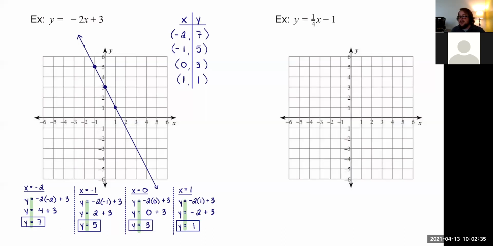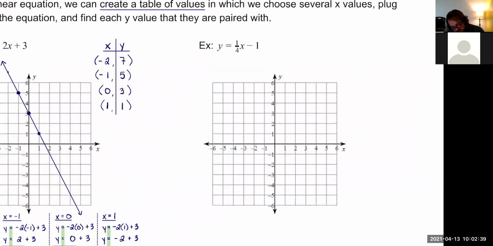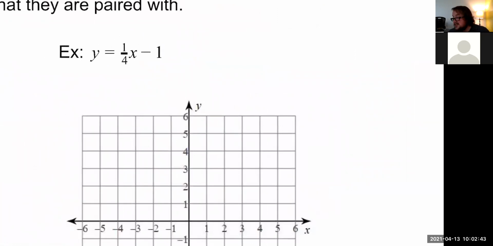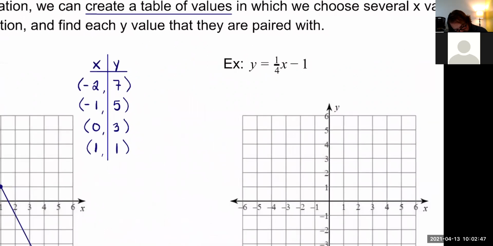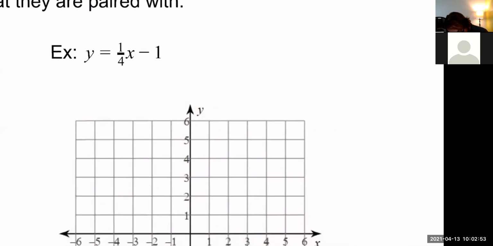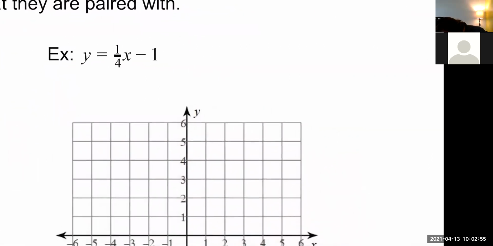But the process remains the same. So what I'm going to do here for the second one, very similarly, is set up a table of values. In fact, I'm just going to go ahead and use the same 4 values we had before. They seem to work fairly well the last time.